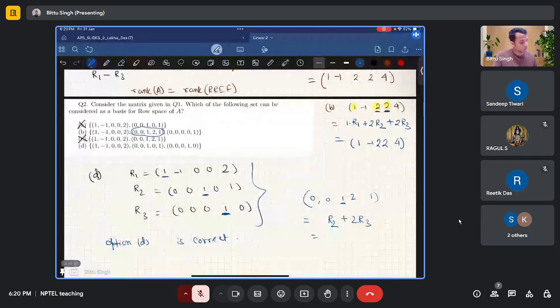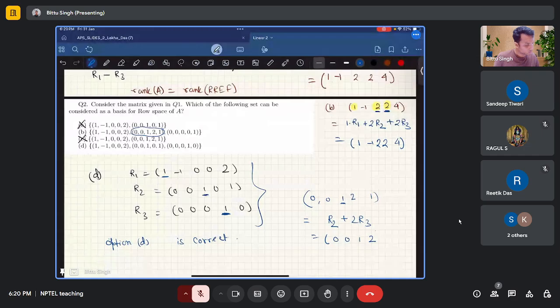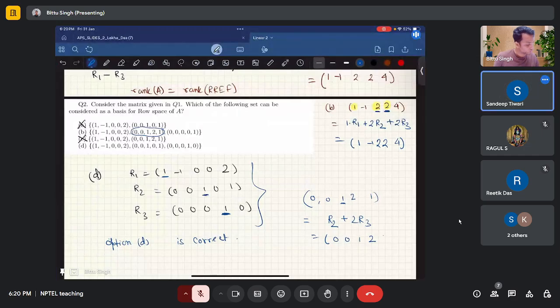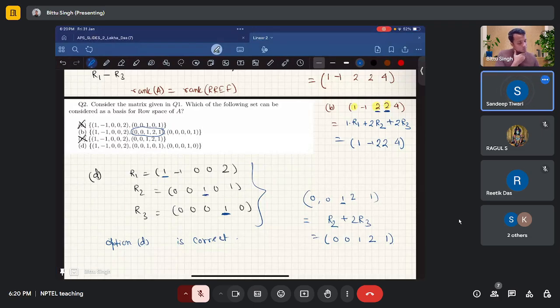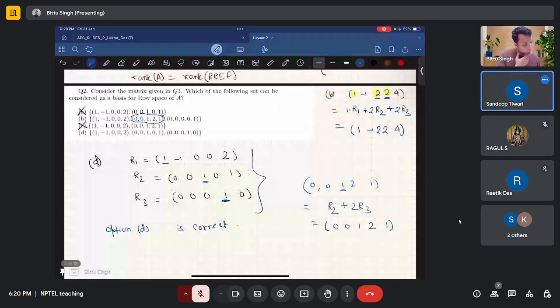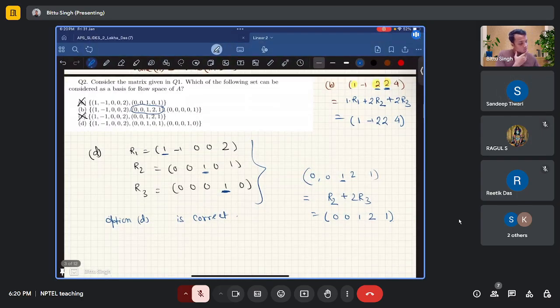R2 plus 2 times R3 will give you 0 0 1 2. Yes, it is true. Then what is the problem? So this element belongs to R2 plus 2 times R3. Now the last element, 0 0 0 0 1.